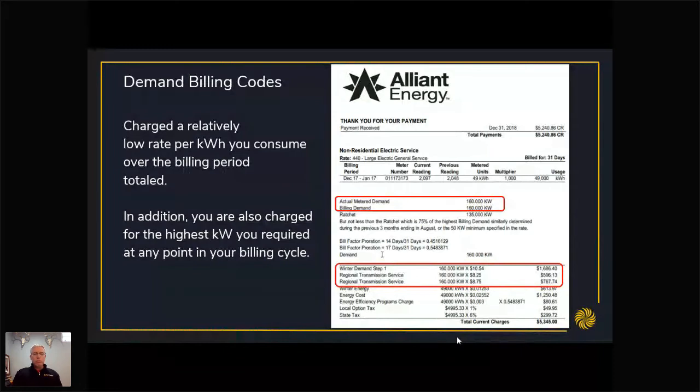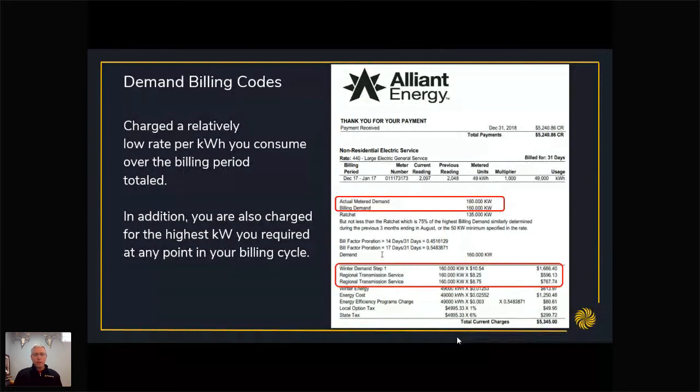So what that ratchet number from Alliant means is that even if you drastically reduce your peak kilowatt demand in a certain month, they're still not going to, unfortunately, drastically reduce the amount of money you have to pay them that month. So the ratchet number is tied to 75% of your previous 3 months peak demand.